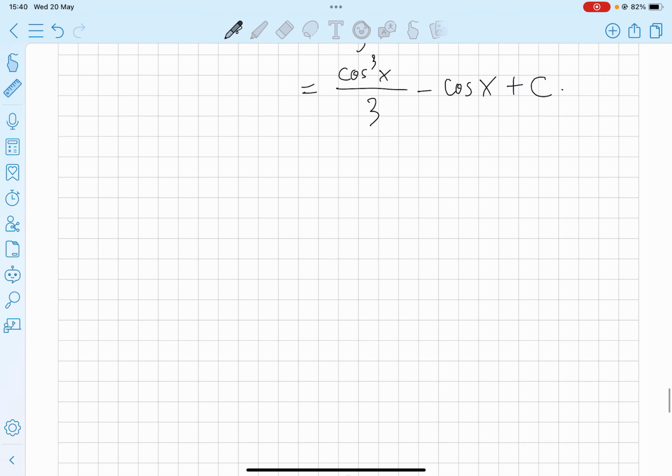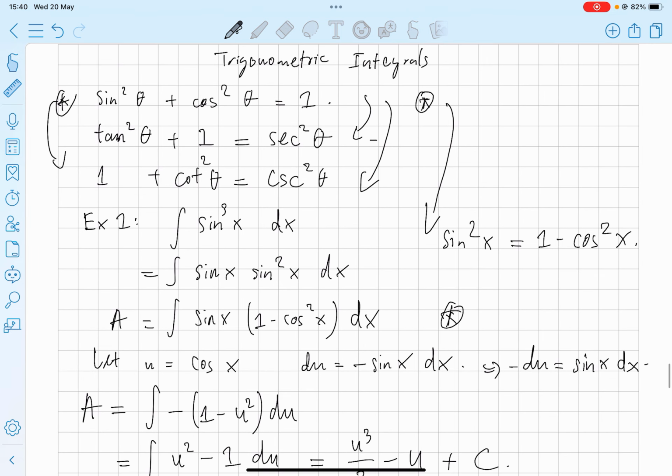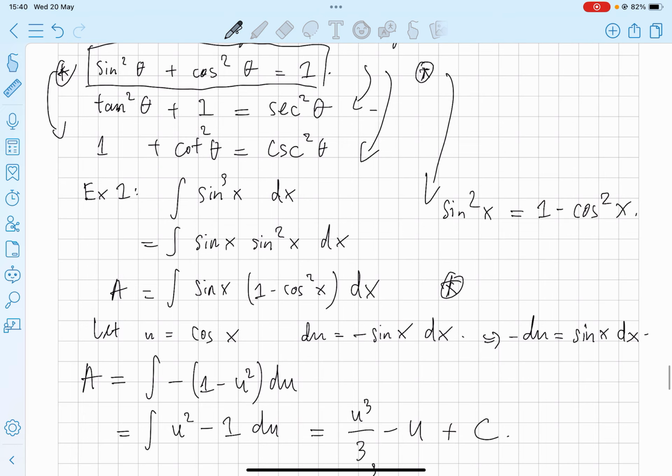Now moving on to the next example. In this example, it will be harder. Example number 2: evaluate the integral of cosine to the power of 4 theta d theta. Let's recall some identities from trigonometry. Earlier in the video I already talked about this identity, and it's really useful and really important in calculus.